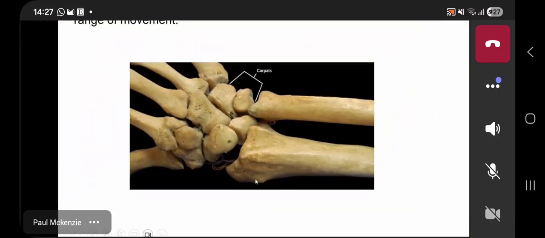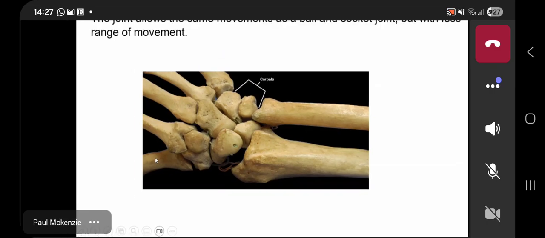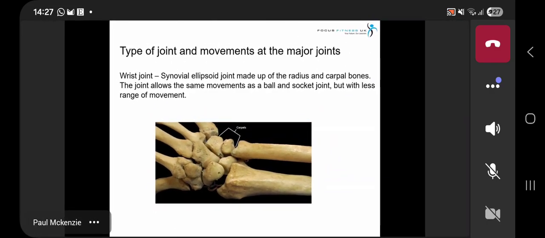Okay. This one here is the wrist. So this is the ulna, radius, carpals, of which there are 8, and then your 5 metacarpals. Okay, so ulna, radius, 8 carpals, and your 5 metacarpals. Remember, meta means beyond. So metacarpals, they are the bones that are beyond the carpals. Okay? So we have an example of an ellipsoid joint made up between the radius and the carpal bones.